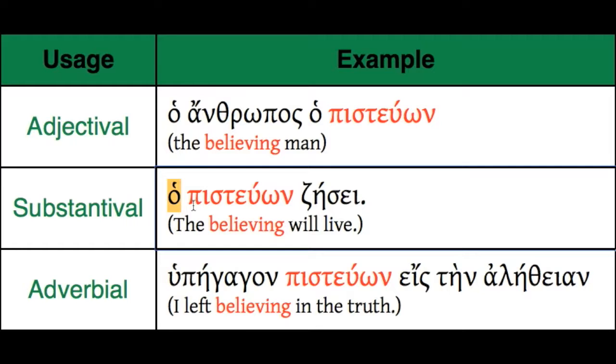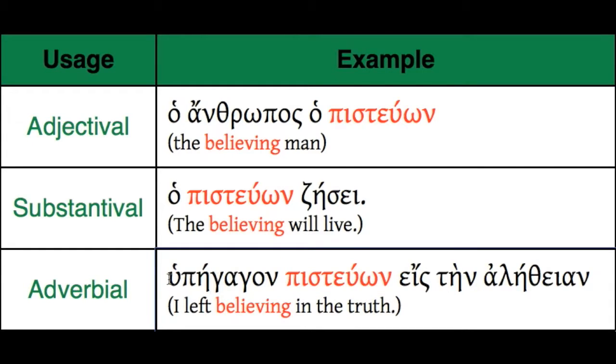But in this case, it is nominative singular masculine, so it's pointing to a masculine subject. But notice how ho pisteuon in this sentence is acting just like it were the subject. Pisteuon zesei, okay?